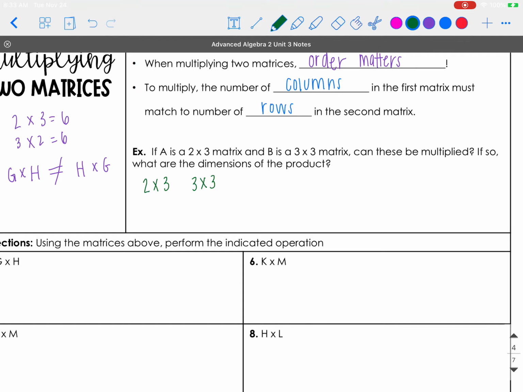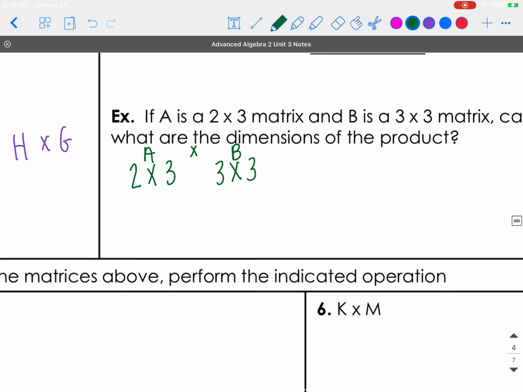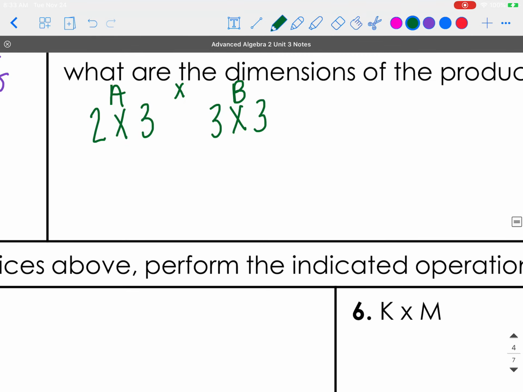We want to know if we can multiply A times B. This would be the number of columns and the number of rows. So those inside numbers have to match.